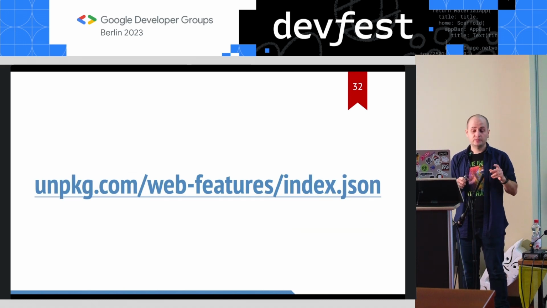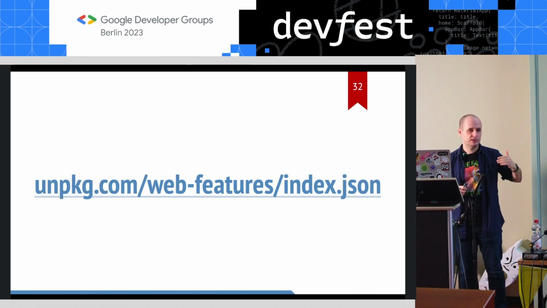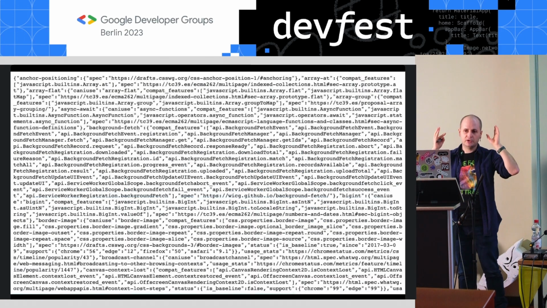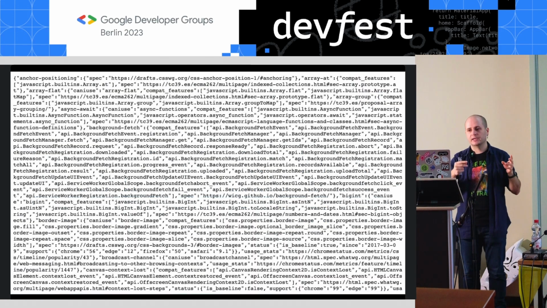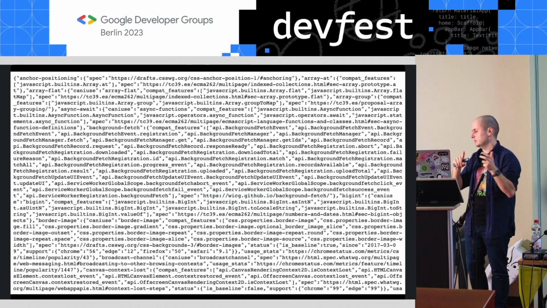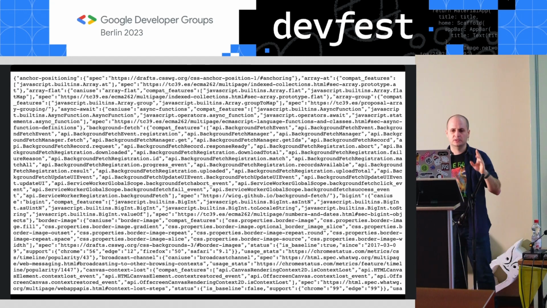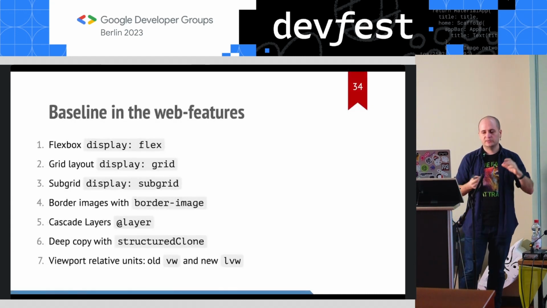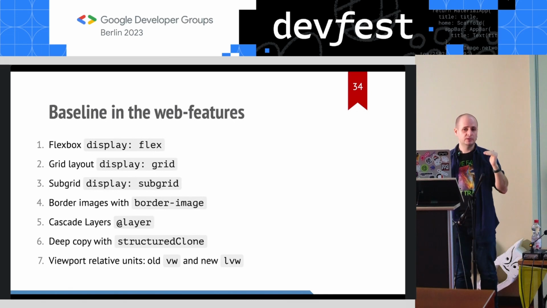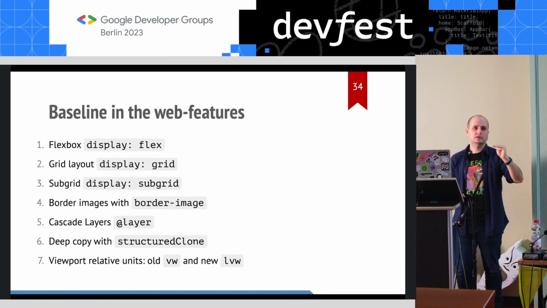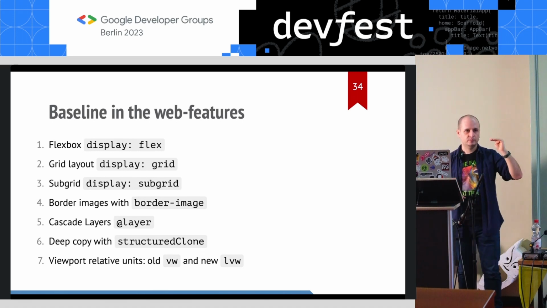So yeah, if we open this index.json that is shipped with this package, we will see a lot of information. It's basically a huge JSON with information like link to the spec, level of support, and what browser and what browser version it's supported in, and all that kind of stuff. But if we boil it down to something readable, it means that right now in the web-features package, we have in baseline display flex, display grid, display subgrid as well.